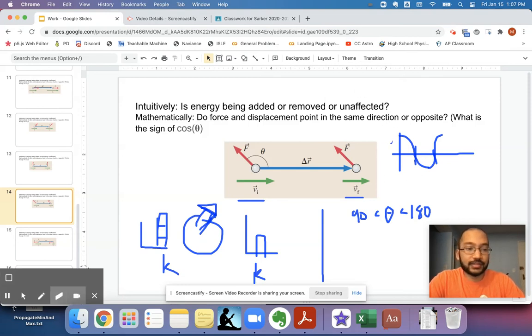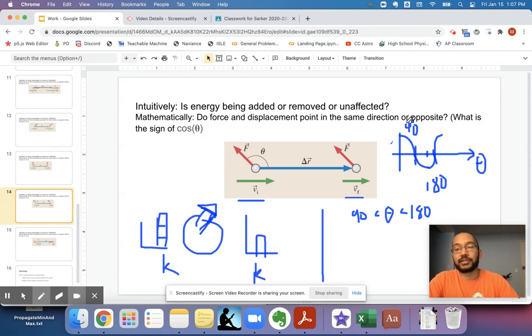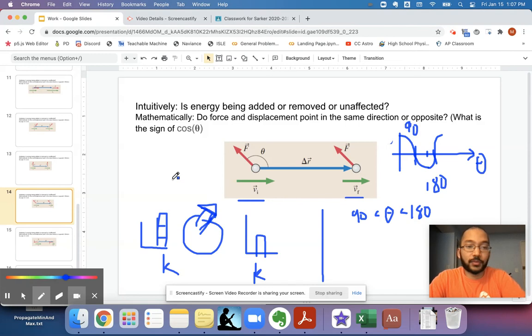This is 90, this is 180, on a graph of cosine of theta. So when it's between 90 and 180, which is what you have over here, that will come out negative. So the work done in this case is negative, energy is leaving. Mathematically, work done is negative.